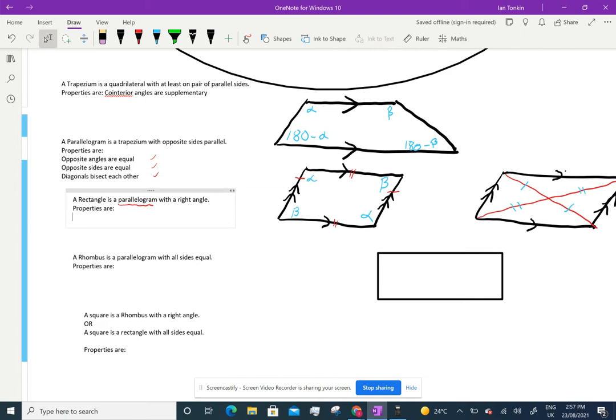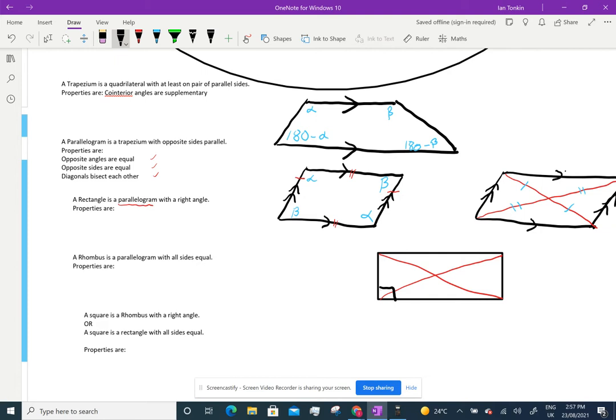Well, let's see. A rectangle, and I'm just going back to some notes I've written over here. A rectangle is a parallelogram with a right angle.